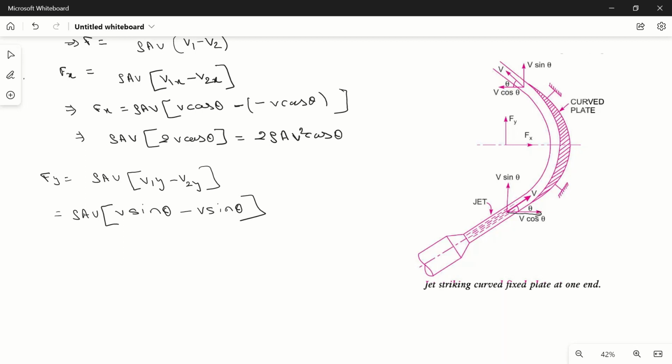You can see that v sin theta minus v sin theta is 0. So rho A V into 0 equals 0. So the force exerted in the x direction is 2 rho A V square cos theta, and the force exerted in the y direction will be equal to 0 because this plate is symmetrical.